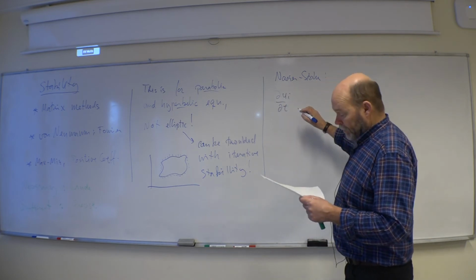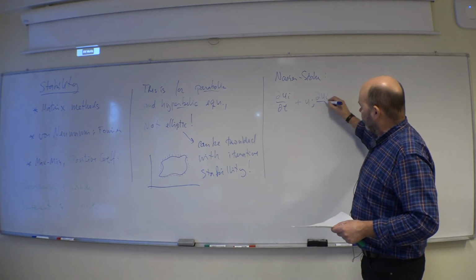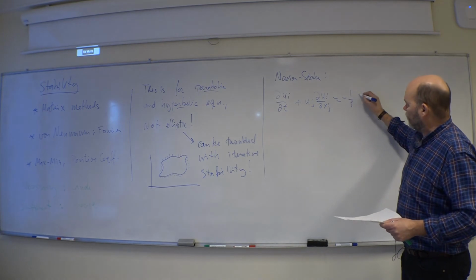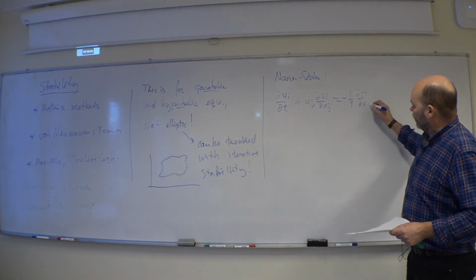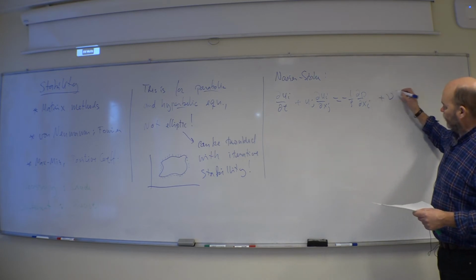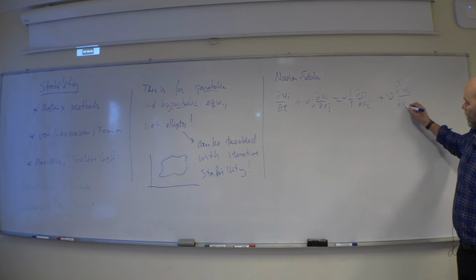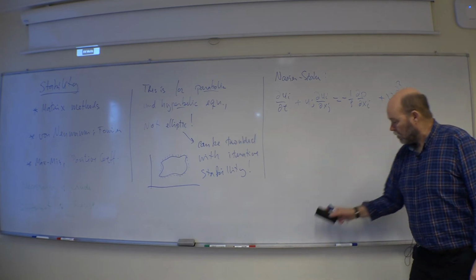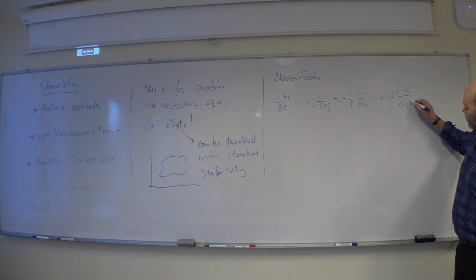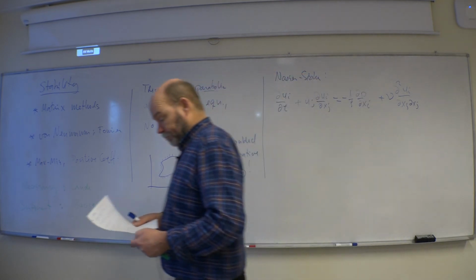We have the time derivative, and then we have some convective terms, u_j times du_i/dx_j, and we have a pressure term in the i direction, and then we have viscosity, double derivative with respect to all variables. There you have the entire Navier-Stokes.